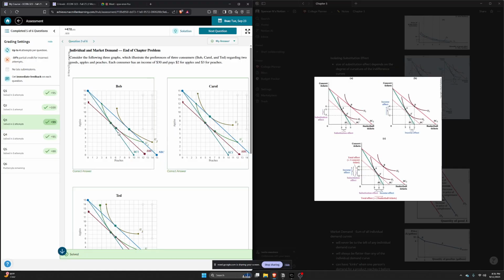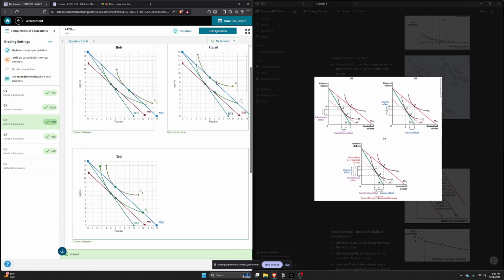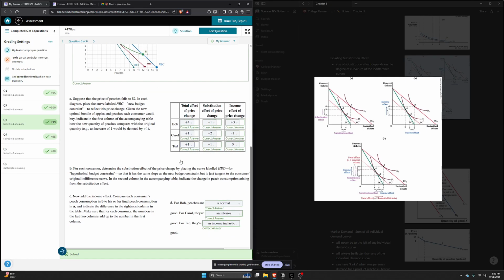In other words, you can also go from A prime to B. So A prime here, 1, 2, 3 peaches, and that's here. And then this is A prime to B, so that's -1 peach right there. And then from A prime to B, there's no change, so it's a 0.